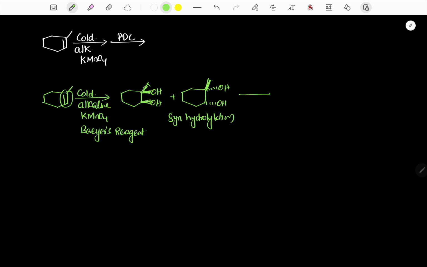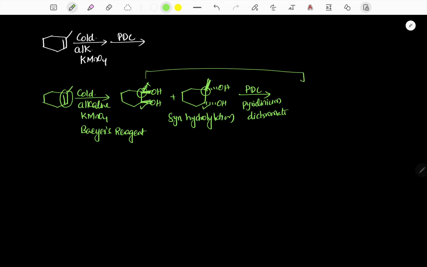Now it is treated with the oxidizing agent PDC, pyridinium dichromate. Here we know that tertiary alcohols do not undergo oxidation, but secondary alcohols undergo oxidation.